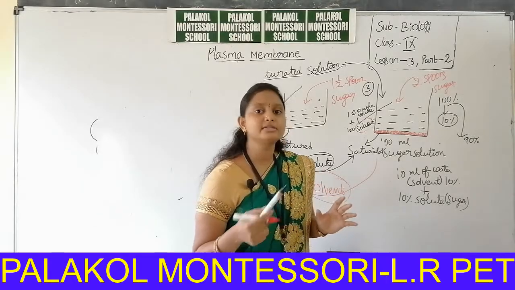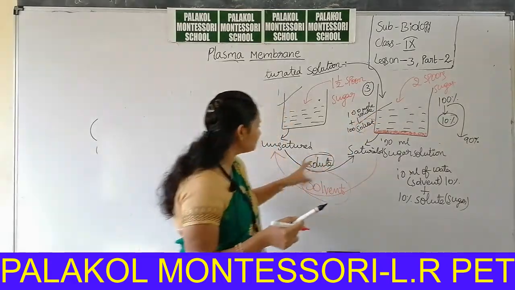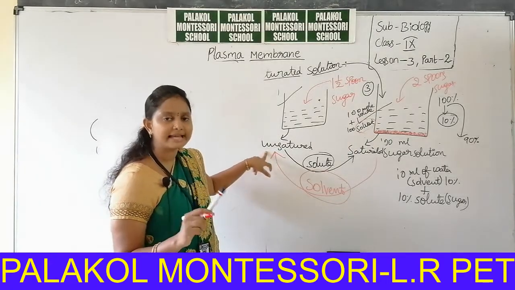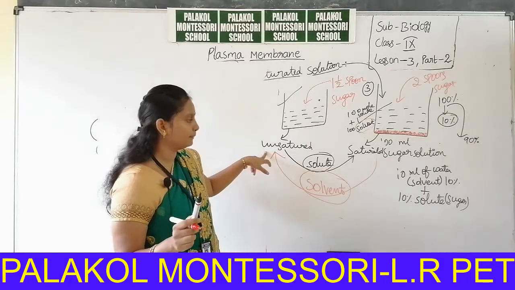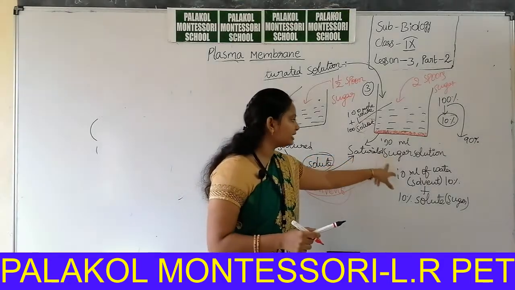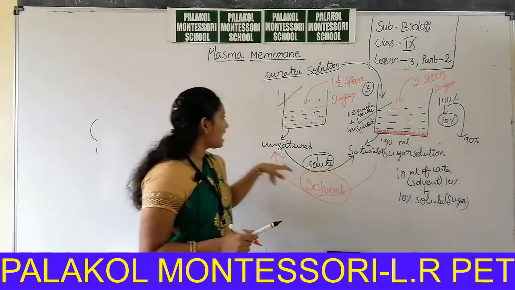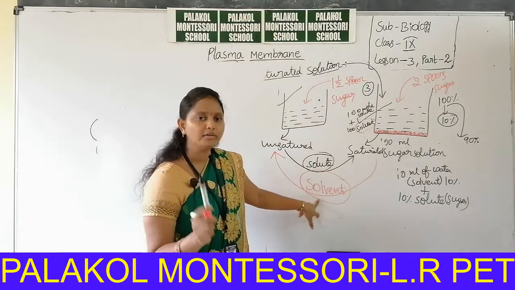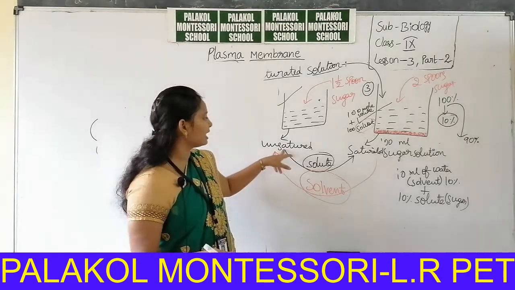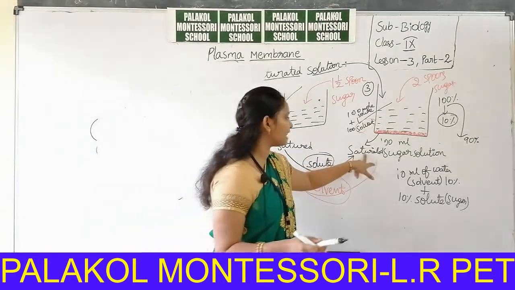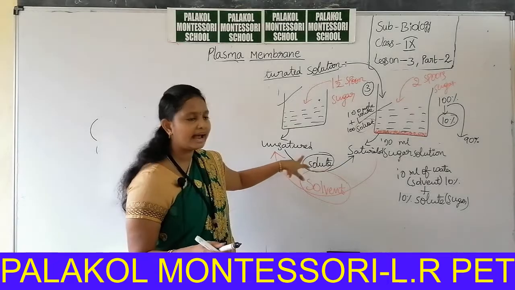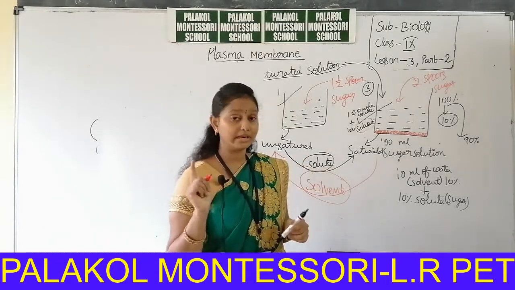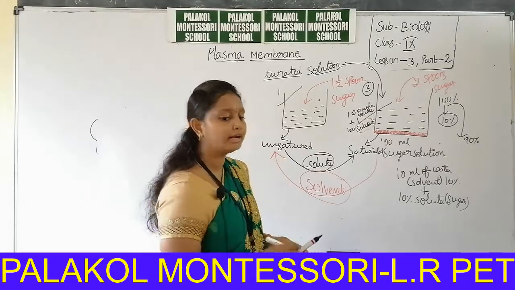This water is the solvent. Now it becomes the unsaturated one. Got my point? Conversion of a saturated solution into an unsaturated solution is by adding solvent, but the conversion of an unsaturated solution to a saturated solution is by adding solute. This is very, very important in your intermediate also.